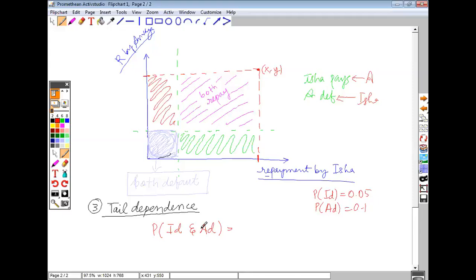Anyone? It would be the multiplication of the individual probabilities. Okay, so you say that it would be the multiple of the individual probabilities. What do others think of this? Yes, ma'am. Same. It will be multiplication of the probability that Isha defaults and the probability that Anvaya defaults.